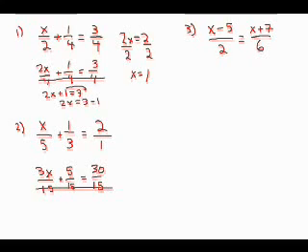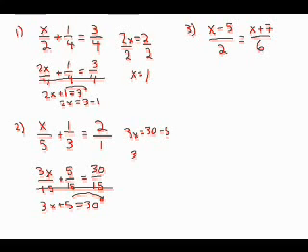Now these denominators are gone. So we have the equation 3x plus 5 equals 30. We can go ahead and isolate the variable by bringing that plus 5 over to the other side first. And we have 3x equals 30 minus 5. When we bring that plus 5 over to the other side, it becomes minus 5.